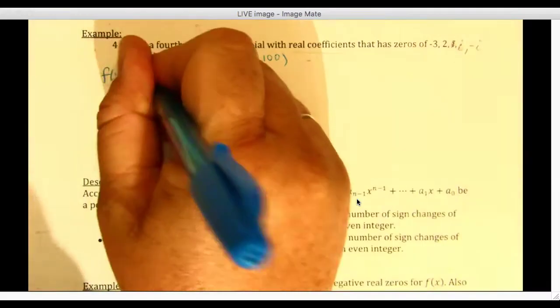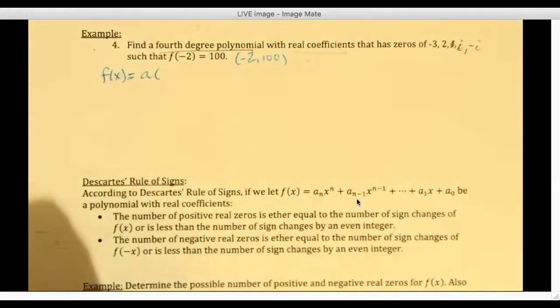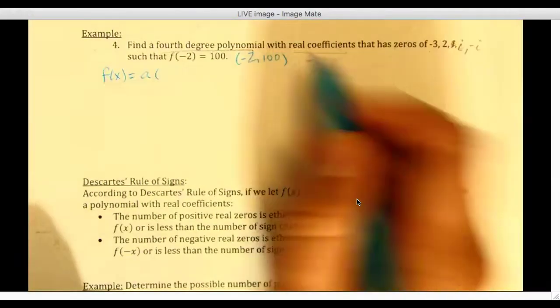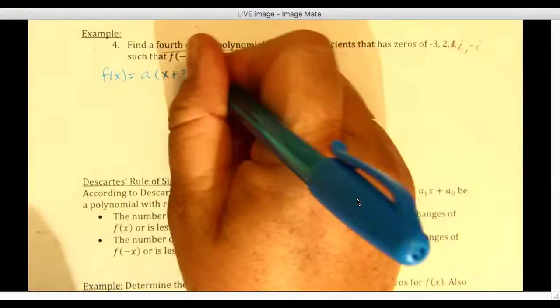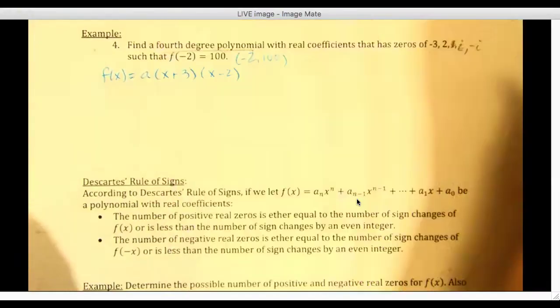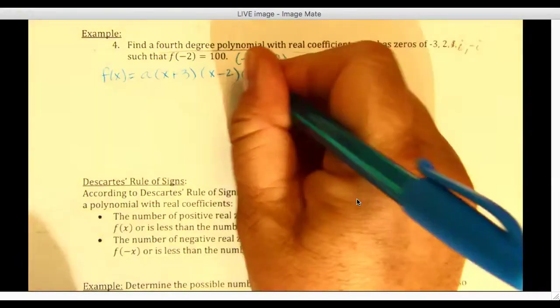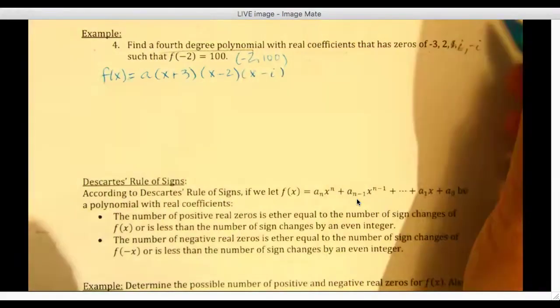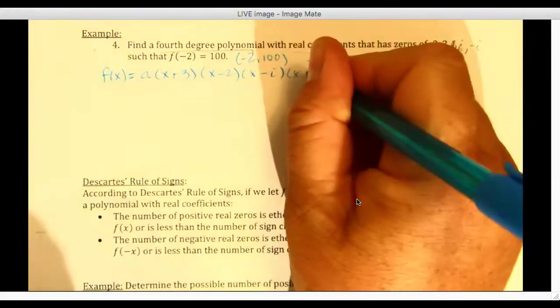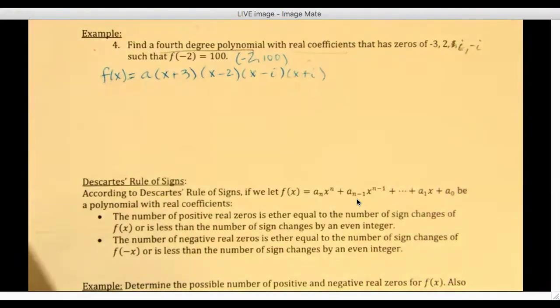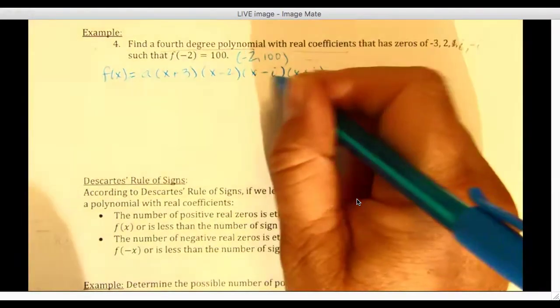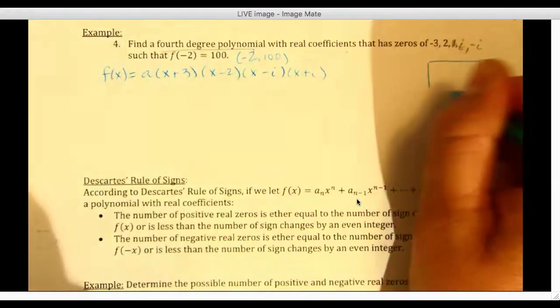So what we're going to do is try and find this polynomial. I don't know what that coefficient out front might be, but I do know these 4 roots, so I can write x plus 3 for -3, x minus 2 for 2, x minus i for positive i, and x plus i for -i. I need to start multiplying these out. I'll do a box multiplying these 2 out so you can see how that works.